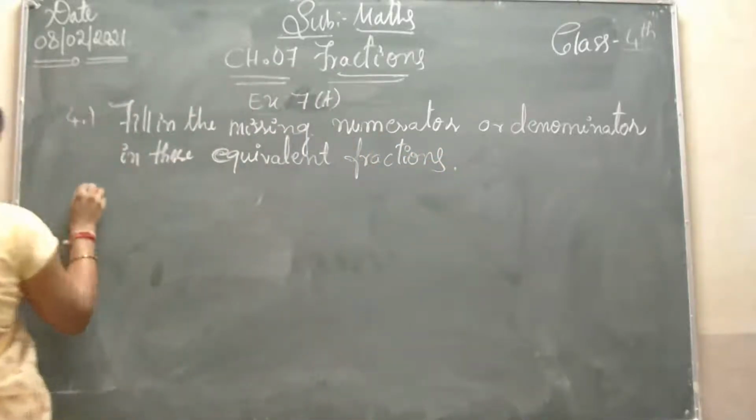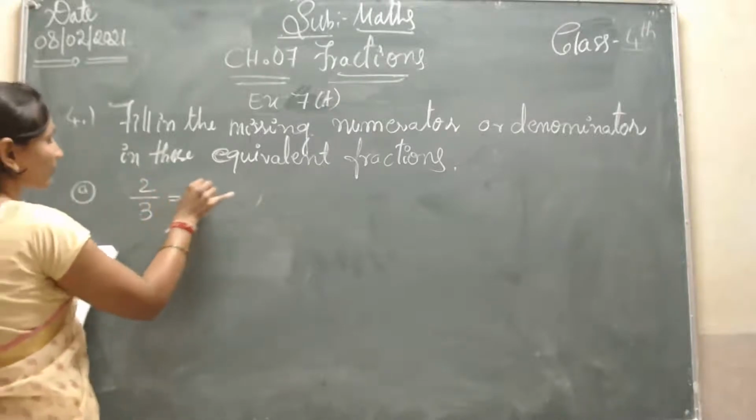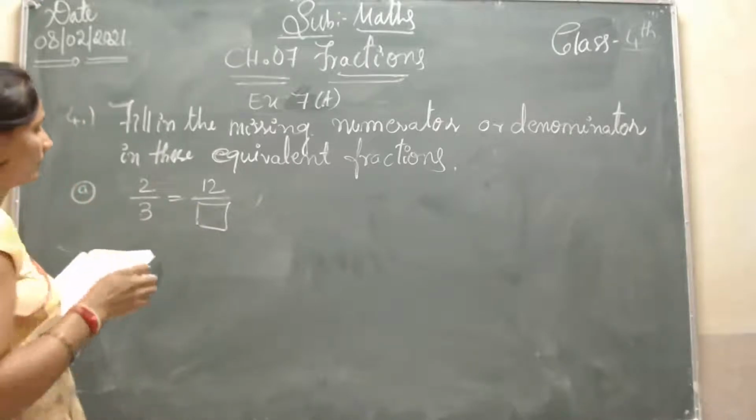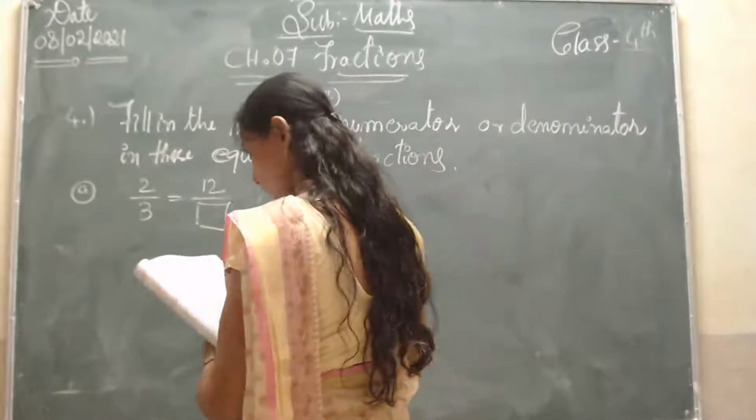So see, students, 2 by 3 equals 12 by what is the number? The denominator is not given, so you have to write it.